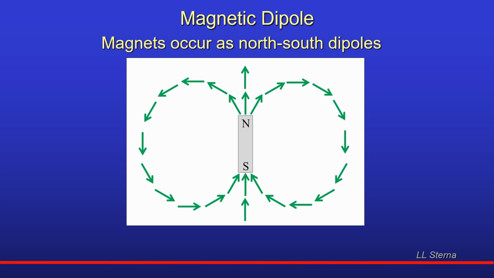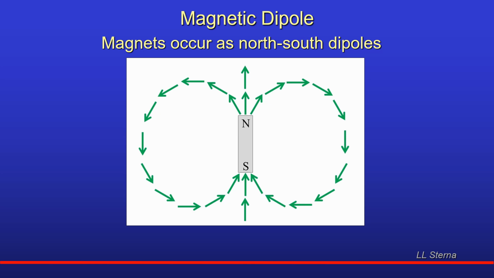I said that a magnet has a north pole and a south pole. If we break that magnet in half, could we obtain a pure north pole and a pure south pole? No. If we break it in half, the 2 halves will both have a north and a south pole. Magnets always and only occur as dipoles with a north and a south.